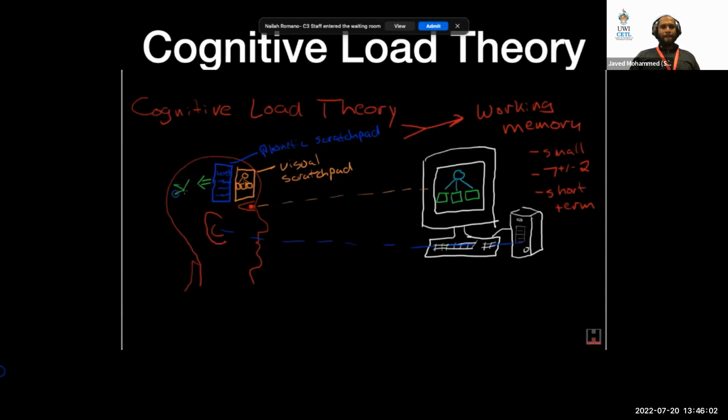Now, in order to process this information and put it into long-term memory, that is to learn the information for a long-term period of time, the person has to create connections between existing information and between the data that was held in working memory and create schema. And the schema are complex patterns of information that are stored in our long-term memory.